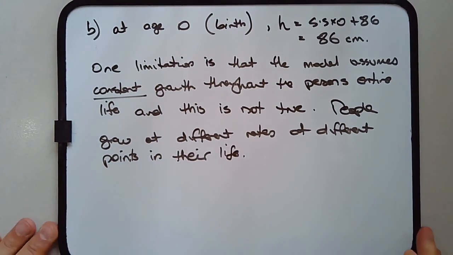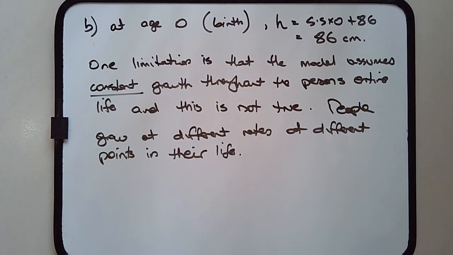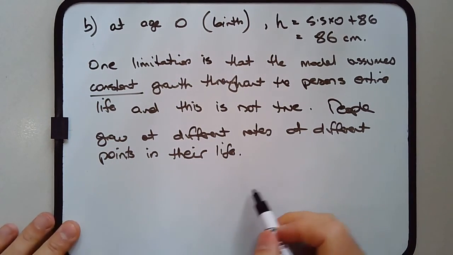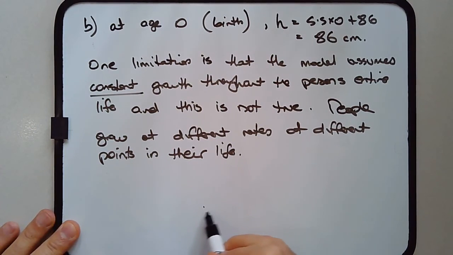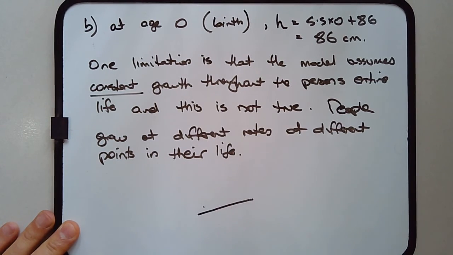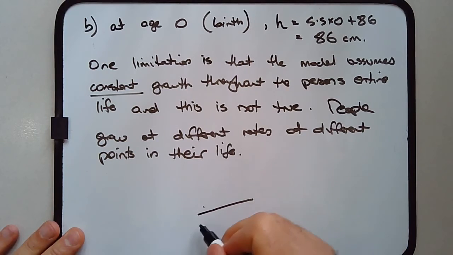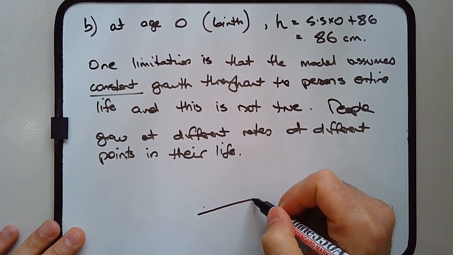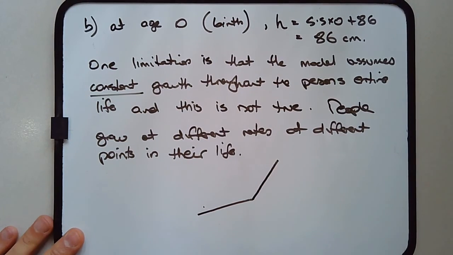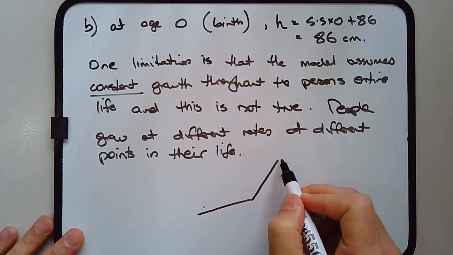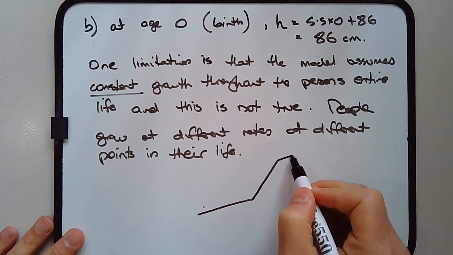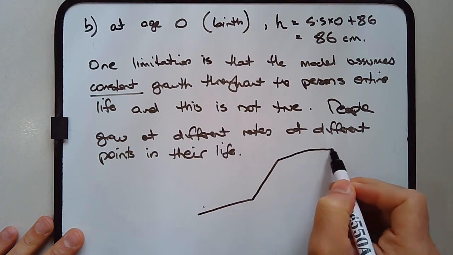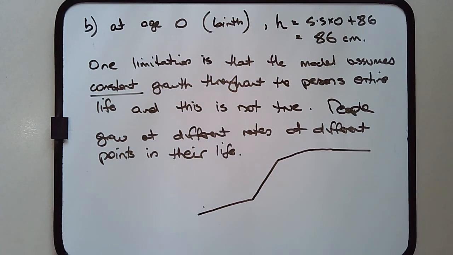Comparing, for example, from 8 to 12 years of age, from 12 to 16, typically your growth rates are higher. So you might start off growing at a fairly low rate from, let's say, 8 to 12, and then from 12 to 16, the rate of growth might increase, and then from 16 to 20, might start to slow down a little bit, and then from 20 to 25 slows down further, and then you may basically hit a point where that's it.